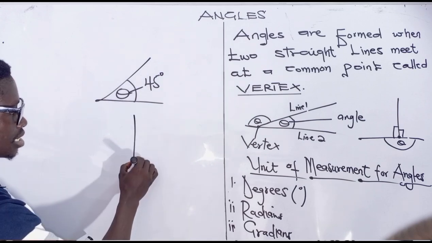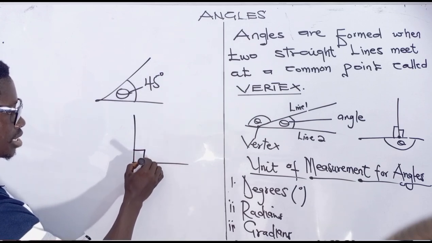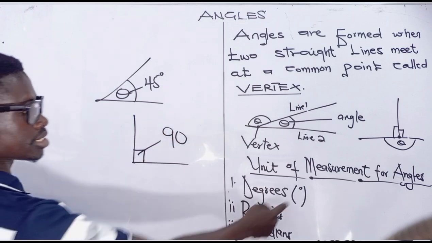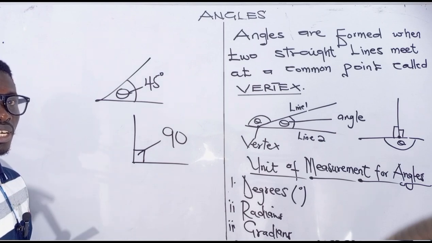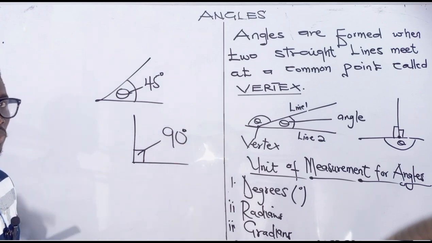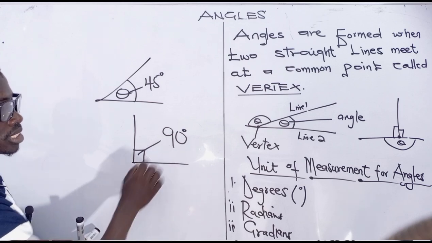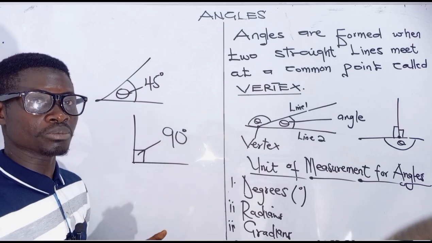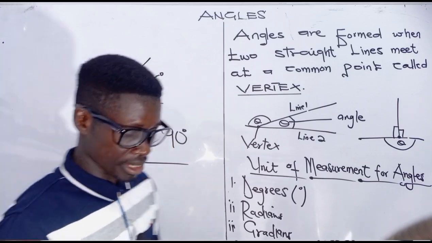Similarly, when you have an angle whose measure is equal to 90, we are going to write it as 90 with a small superscript of 0. And this is read as what? 90 degrees. So this is how angles are being formed with each unit of measurement.